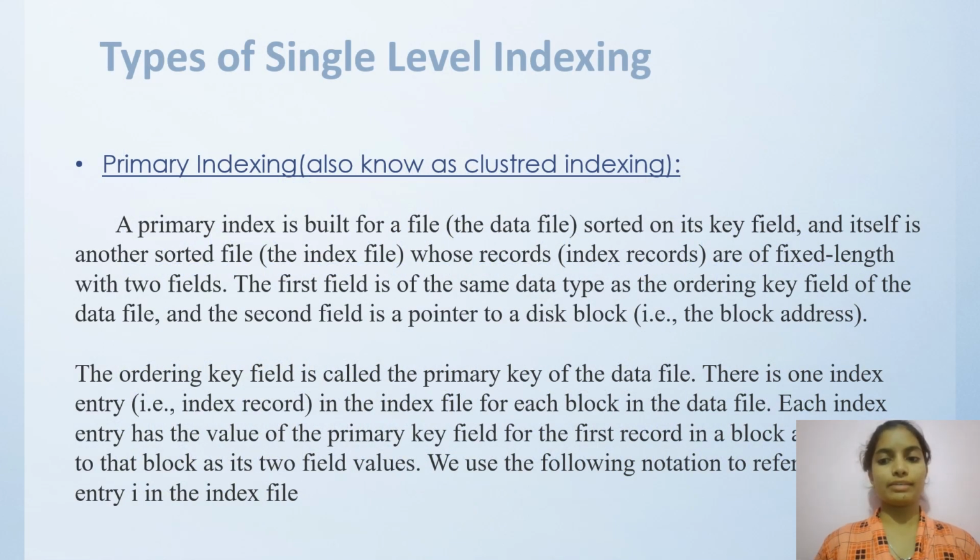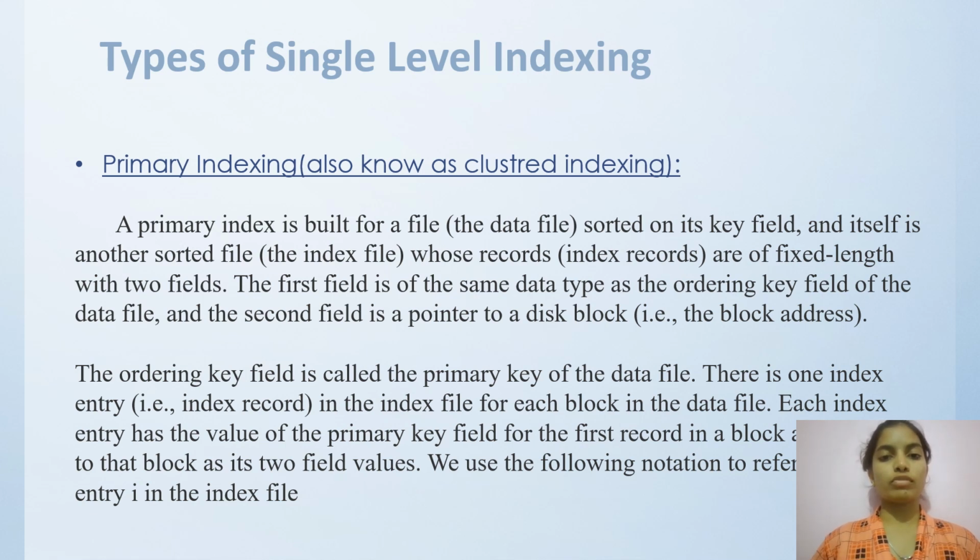Types of single level indexing. First one, primary indexing, also known as clustered indexing. A primary index is built for a file, that is the data file, stored on its key field, and the index itself is also a sorted file, that is the index file, whose index records are of fixed length with two fields. The first field is of the same data type as the ordering key field of the data file, and the second field is a pointer to the disk, that is a block address.